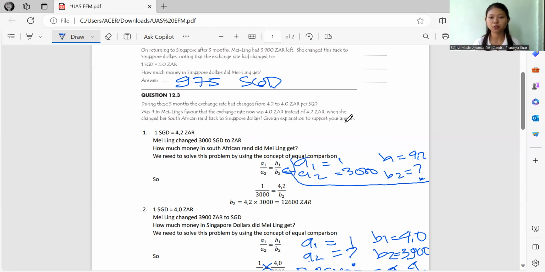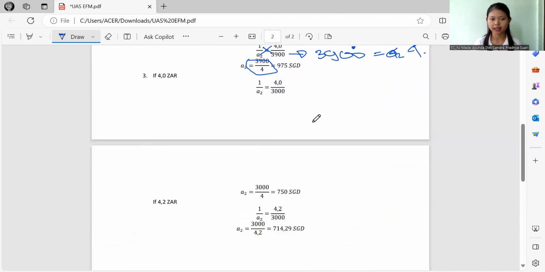Give an explanation to support your answer. Okay, I will explain this 4.0. The reason for my answer, I will answer by example.